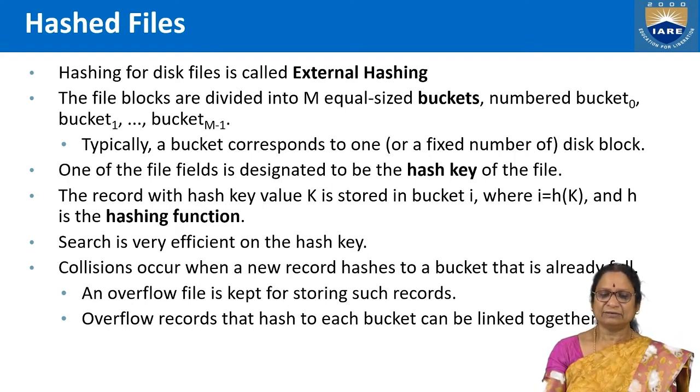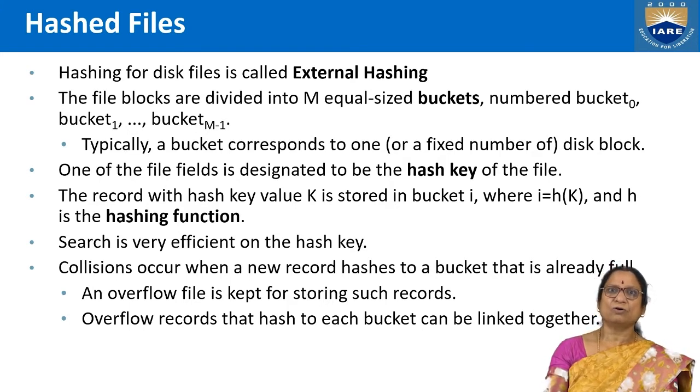One of the file fields is represented as a hash key. One of the attributes or one of the columns, or a combination of the columns, is considered as a hash key. Based upon that particular key value only, the data will be stored in various buckets so that retrieval can be done most effectively.